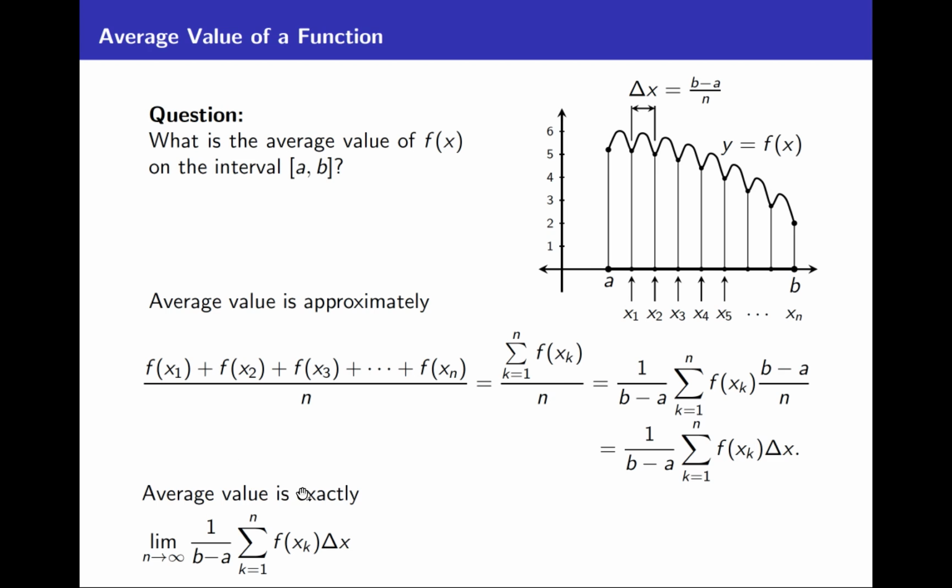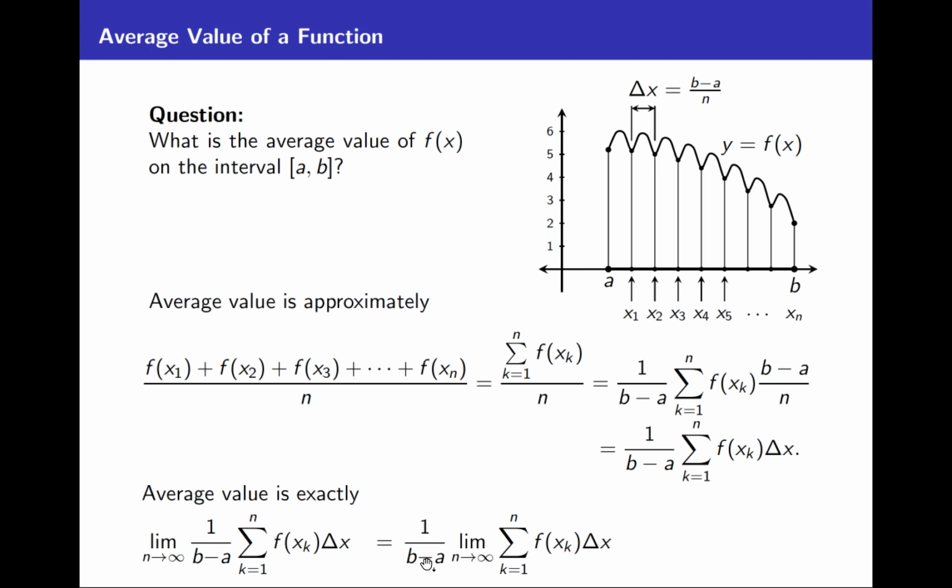So if you want to get it exactly, just let the number n of sample points in this expression go to infinity. Take the limit as n goes to infinity of this expression, and I'm going to move that limit inside this constant of 1 over b minus a.